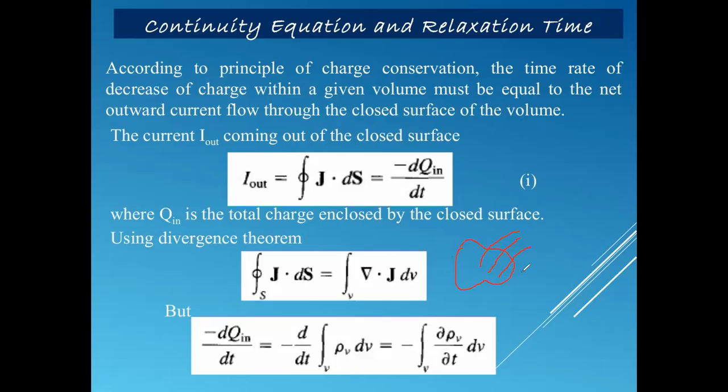Diminishing means they are decreasing in this surface, yes or no? If somebody is bringing the charges out of the surface, means charge is decreasing inside the surface. So this charge which is coming out of the surface will constitute current. So this is decreasing in the surface, means for this surface, this current will be minus dQ by dt. D by dt means rate of flow of charge, because charge is coming out and hence it is decreasing.